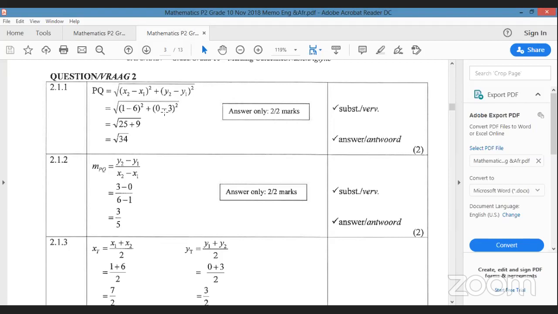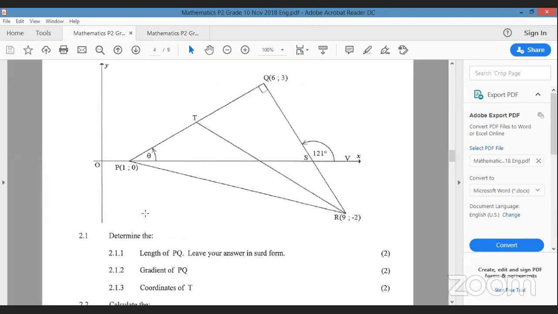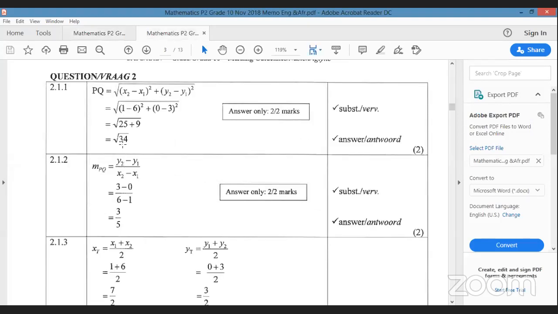Then negative 3 squared is 9. 25 plus 9 is 34. And remember, the examiner told you that you must leave your answer in surd form. Meaning, because you don't have the square root of 34 as a whole number, you leave your answer in surd form. That's what they mean.